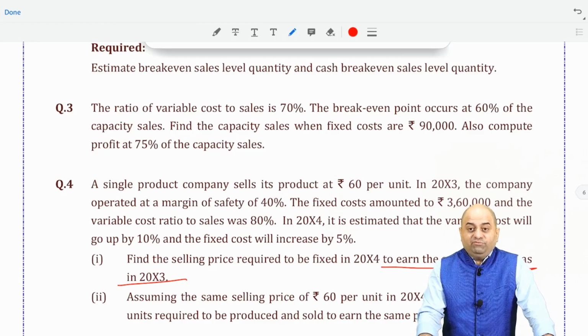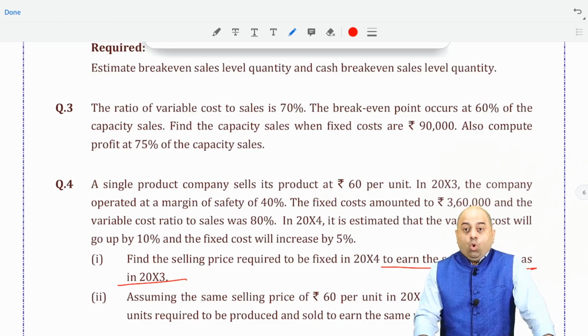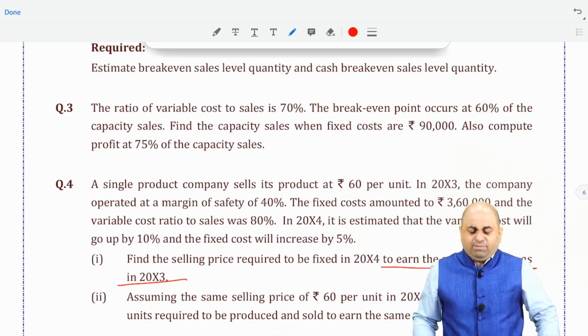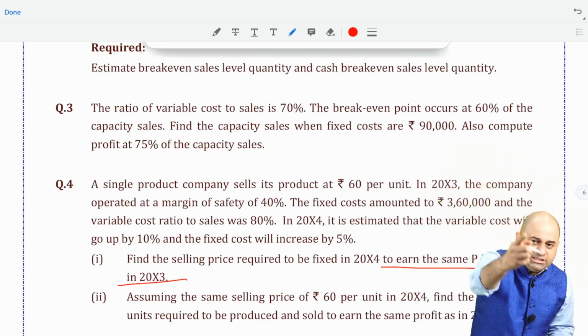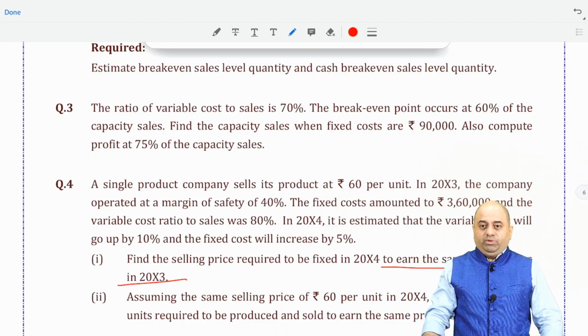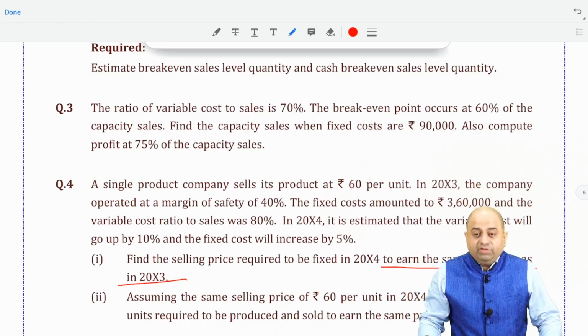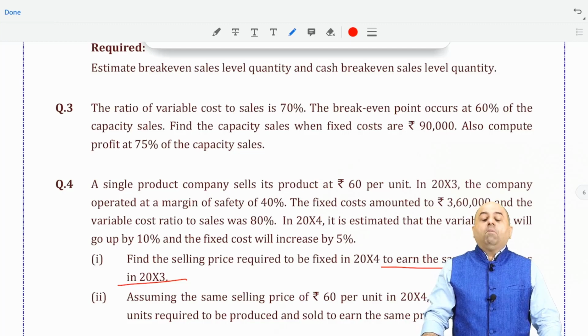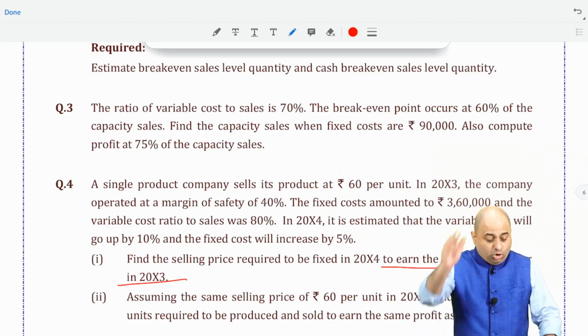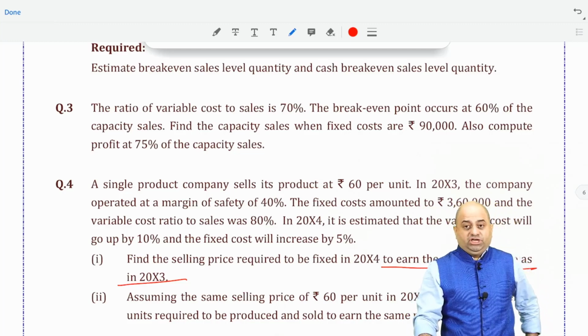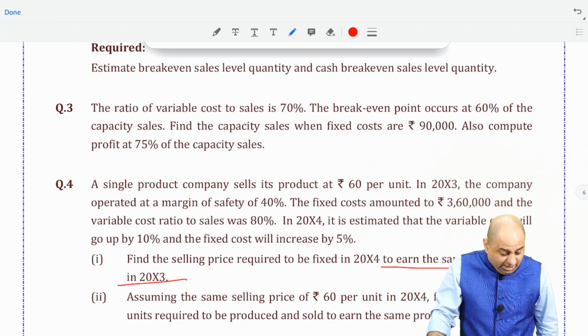I repeat that again, fixed cost in total will remain the same, variable cost per unit will remain the same, which means fixed cost is a total concept, variable cost is a per unit concept. Any changes in fixed cost should be done on total basis, and any changes in variable cost should be done on per unit basis. Don't forget this change that you are supposed to make.